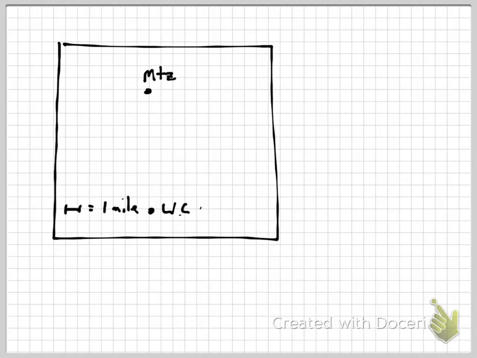Does that make sense? So that distance right there, they'll actually have a length. They may go like this. This is probably what they would do. This right here is 2 miles. Since that's 2 miles, if I was to ask you how far is it from Martinez to Walnut Creek, what would you do?